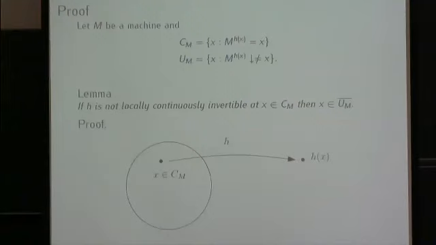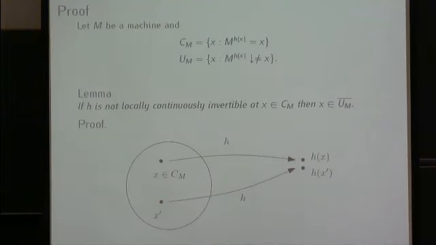So the proof is very simple. You take this x, you take a ball, and you want to find a point in the ball which is in U_M. So because h is not continuously invertible, you can take x prime, which is very different from x, but the image is very close to the image of x. And because the image is very close, the machine on h of x prime must compute something close to x by continuity.